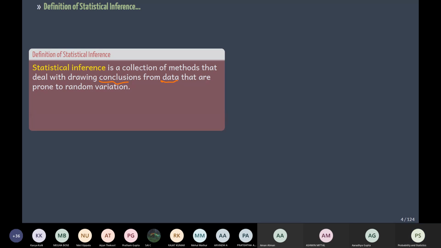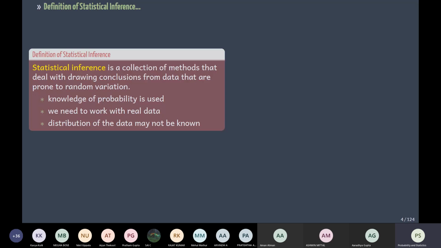And of course, when we are thinking about elections, things can change also. You may take a poll before the elections, and after 1 month the voter might change also. So there is some randomness involved here from the voter point of view. Since there is expected to be a random variation, knowledge of probability is used obviously, and we need to work with the real data, and the distribution of the data may not be known to us.